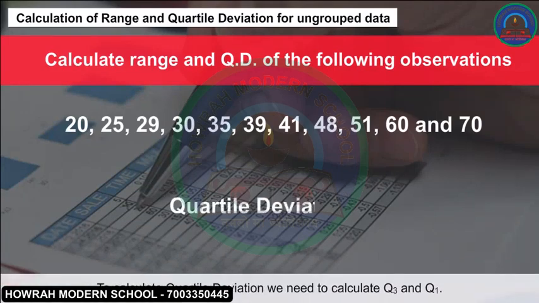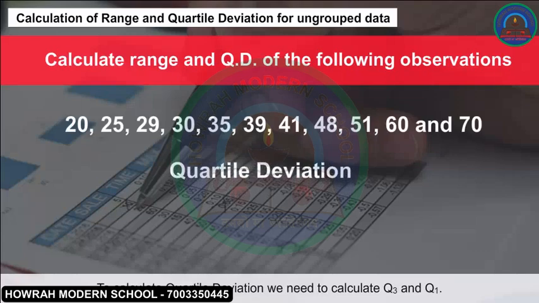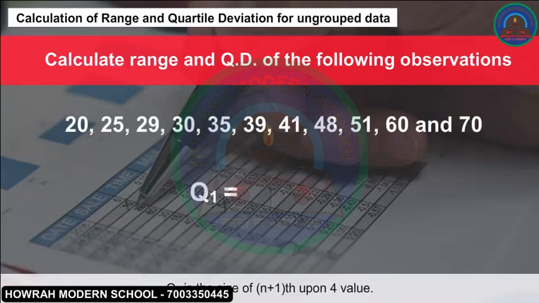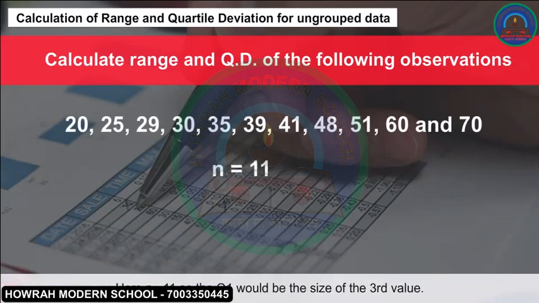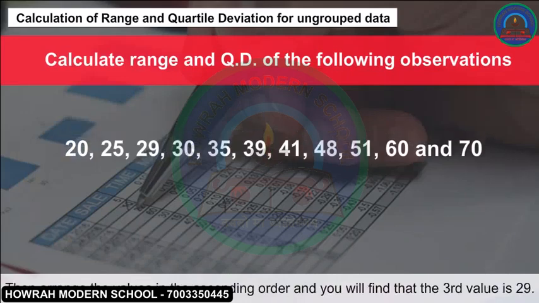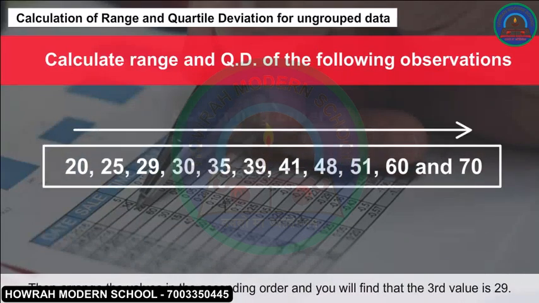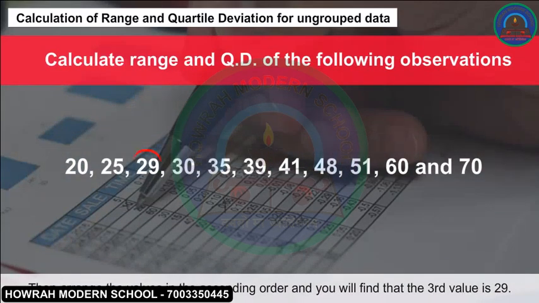To calculate quartile deviation, we need to calculate Q3 and Q1. Q1 is the size of (n plus 1)th upon 4 value. Here n is equal to 11. So, the Q1 would be the size of the third value. Arrange the values in ascending order and you will find that the third value is 29.